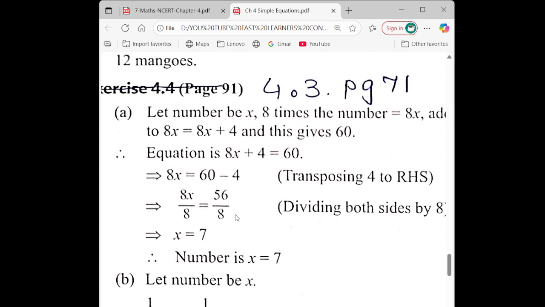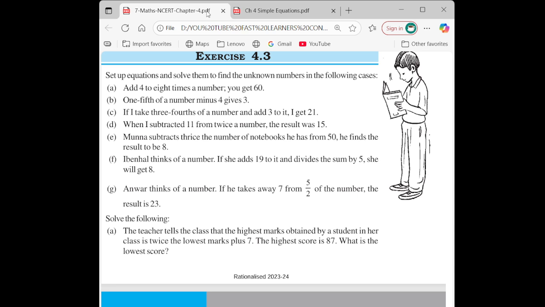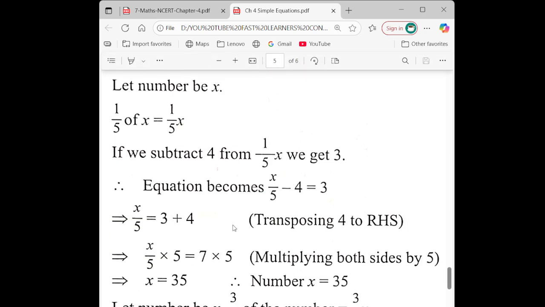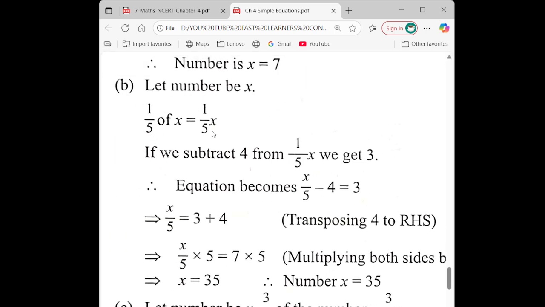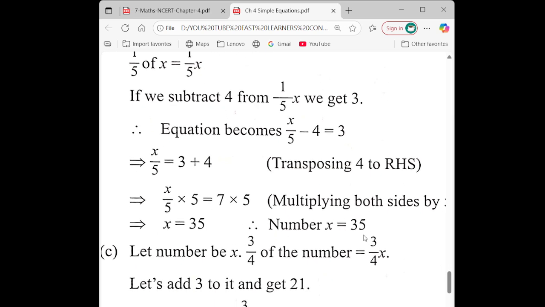So let's see this. See, this is what it is. So it is 8x plus 4 equal to 60. 1/5 of a number minus 4. So here, see, 1/5 of x minus 4. So it is x upon 5 minus 4 equal to 3. You also have to find out the number.